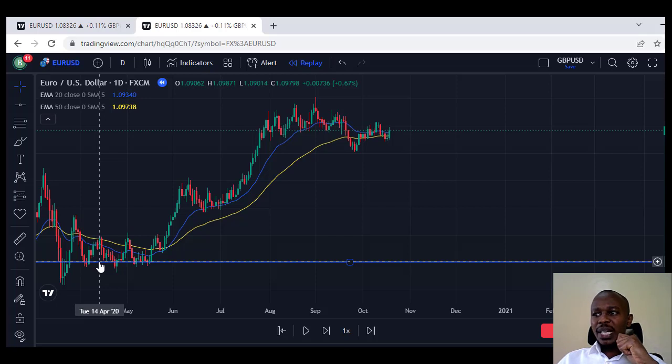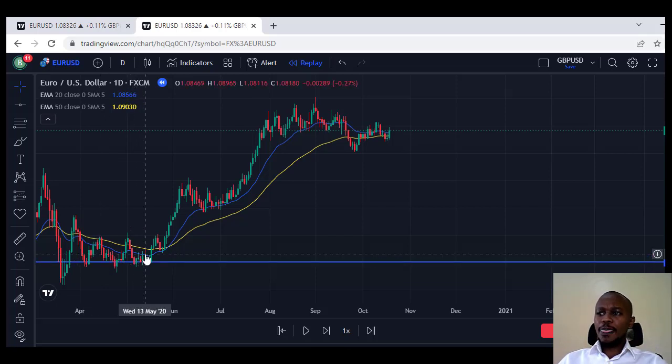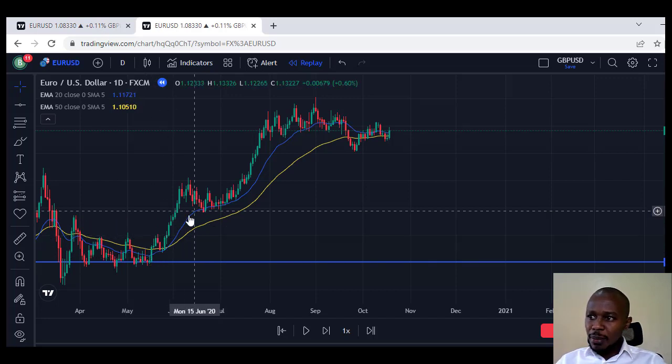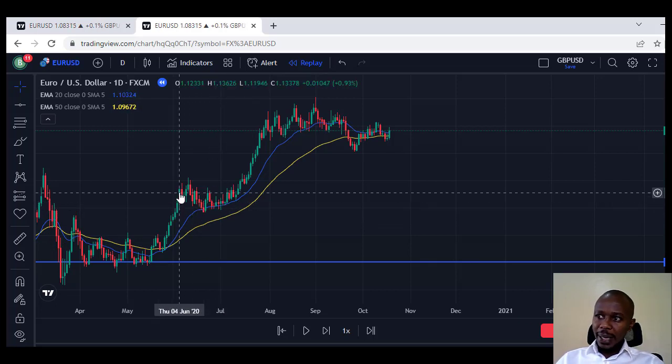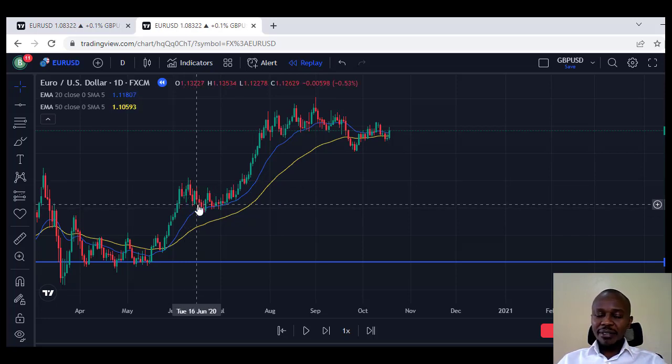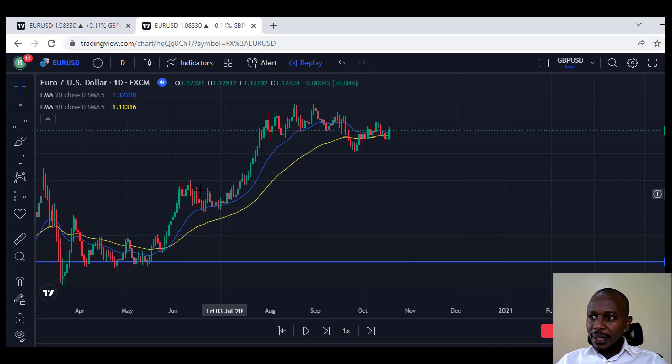But as much as the price has moved upwards, it tries to deviate slightly from the 20 moving average. Remember this, the blue line is the 20 moving average. But after deviating from that line, it goes back to the 20 moving average. Then that 20 moving average acts like support. Then for some time, we can see here it has run along that line.